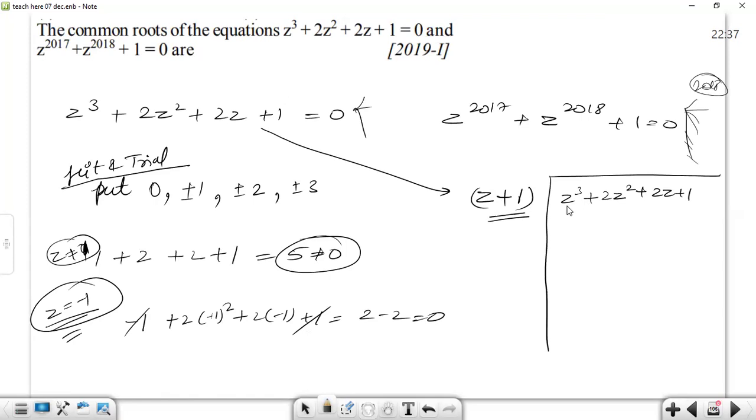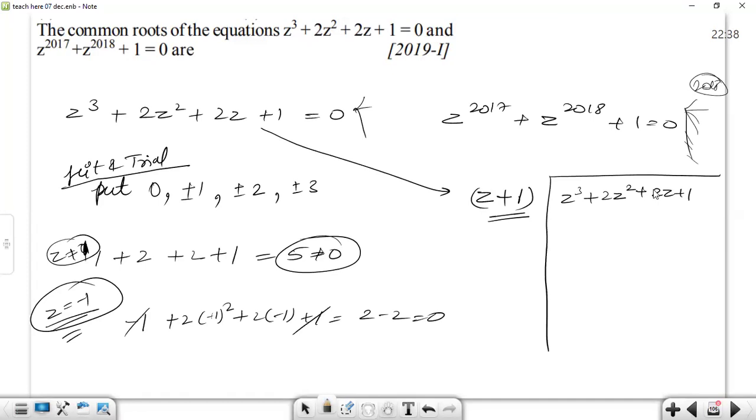First of all, do you know how to divide two equations? Look at the variable part, which is z here. Write the equation in decreasing order of the degree of the variable.